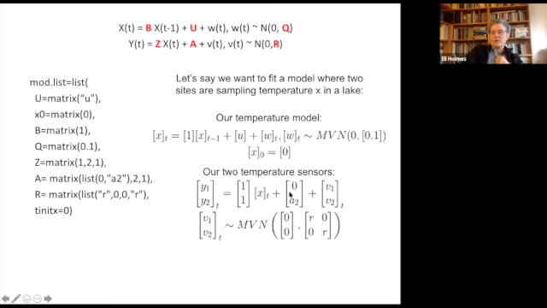The A's, in order to have a matrix that has both numbers and characters, I need to pass it in as a list. So it looks like this, a matrix list 0, A2 in quotes, 2 rows, 1. And then the R would look like this.